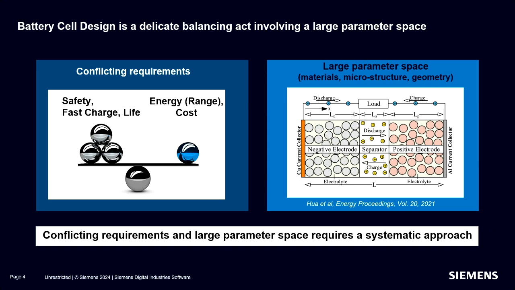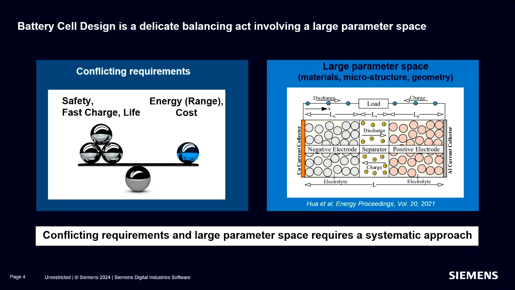Now, in addition to these conflicting requirements, we also must navigate a large parameter space, as shown on the right-hand side of the slide. In order to define a battery cell, one must define the cell geometry, microstructure, and materials.